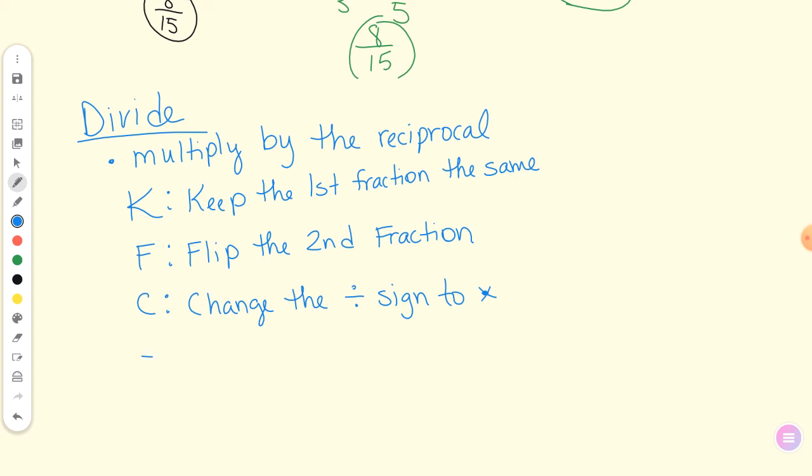So after that, you follow multiplication rules. I'm going to do a couple examples, and then you'll have some time to work on your homework. Okay?